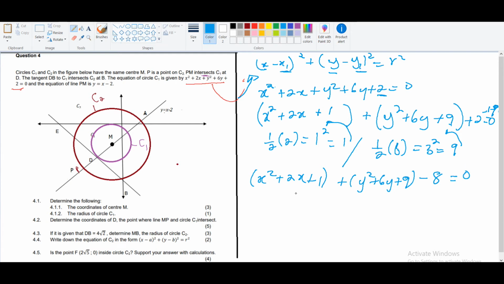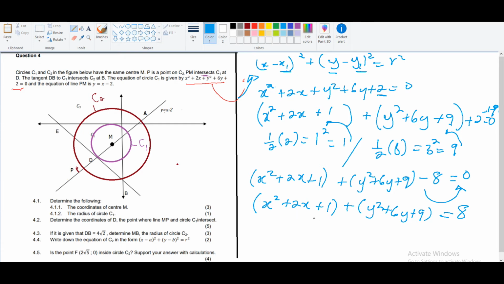So what do we do? We transpose our constant term, it goes to the other side, okay? Then we remain with x squared plus 2x plus 1 plus y squared plus 6y plus 9, equals 8. So next, we factorize the terms to make sure they are in that format. How do we factorize this equation?